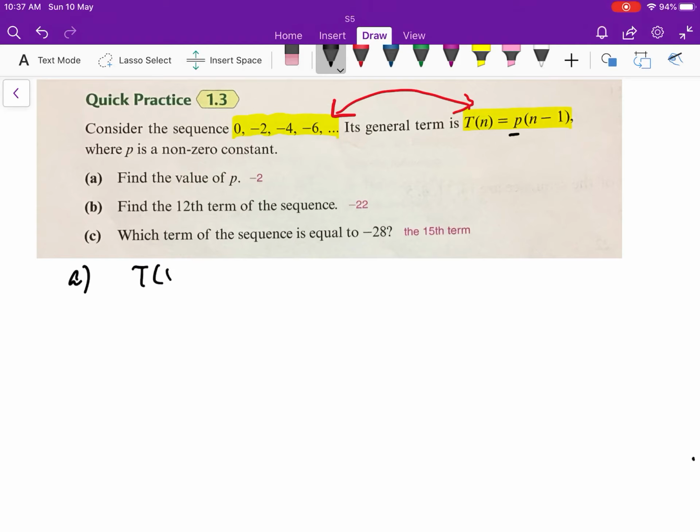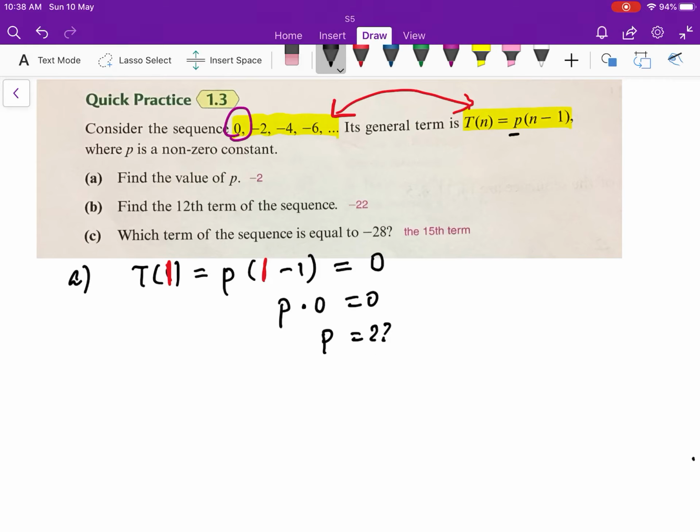If I don't know anything, T1 is P, then n becomes 1 because we're talking about T1. So 1 minus 1, and T1 is the first term, so the first term is 0. So here, P times 0 equals 0. I don't know what P is. I can't solve it.